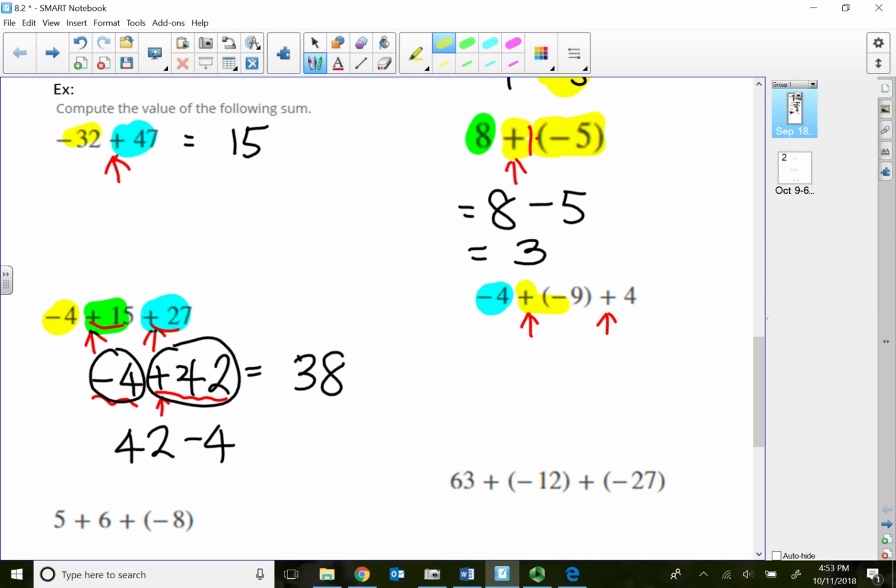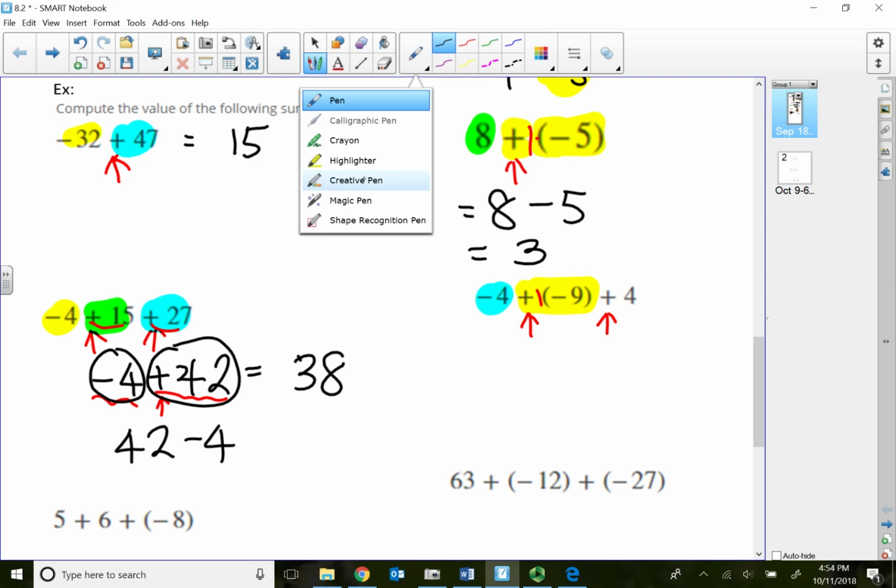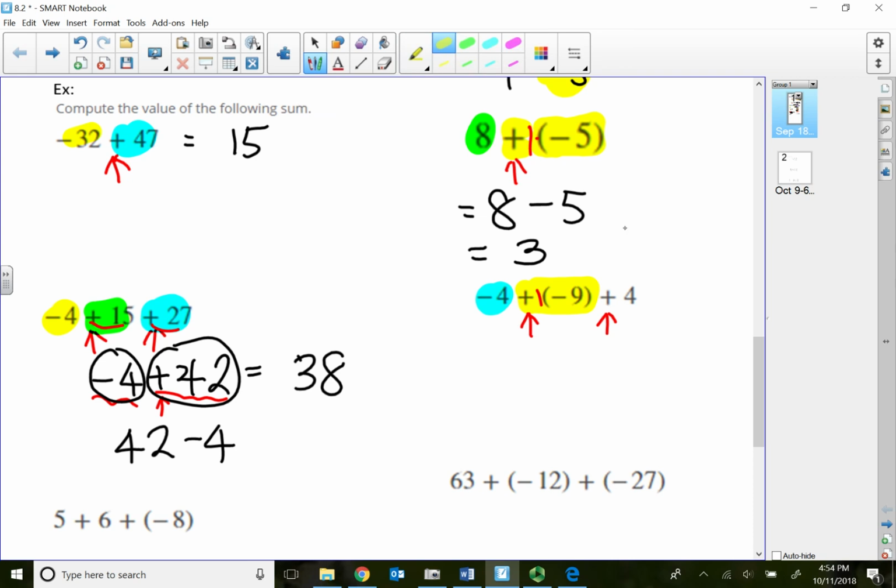Second term is really saying +1 times -9. My last term is +4. So my second term, +1 times -9, is just -9. First term is -4, last term is +4.